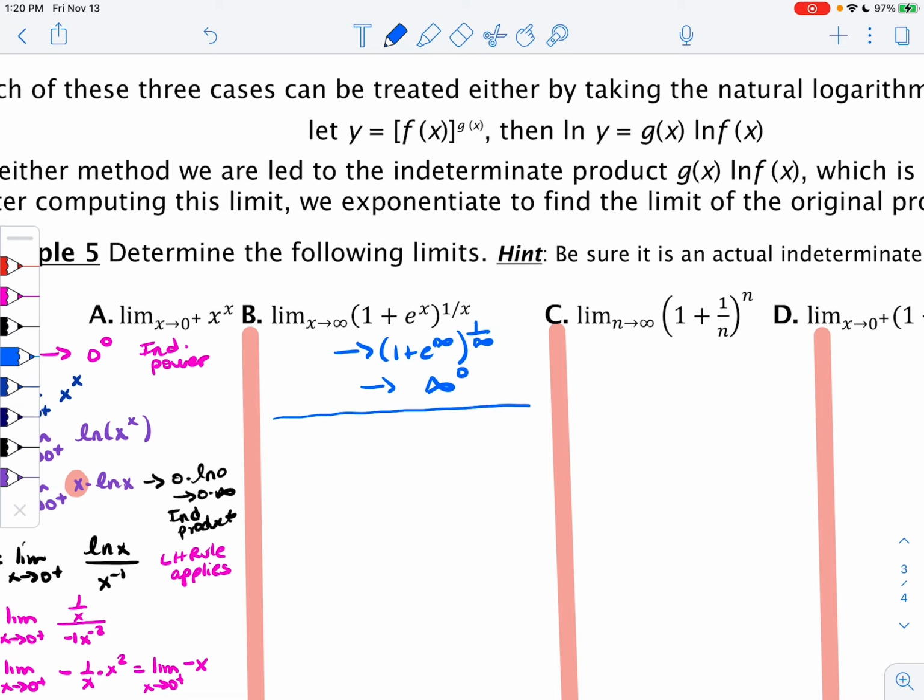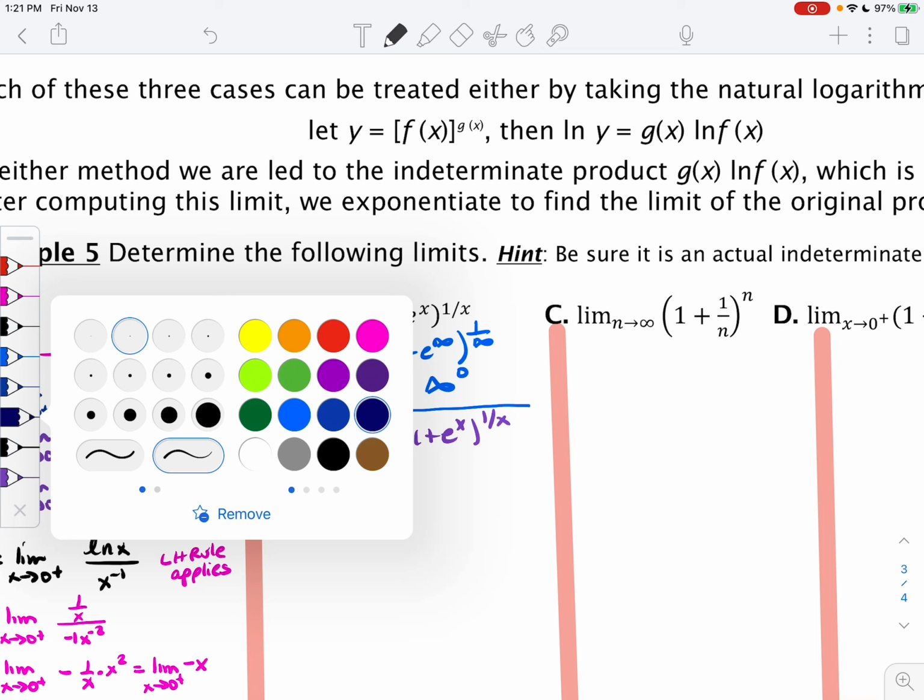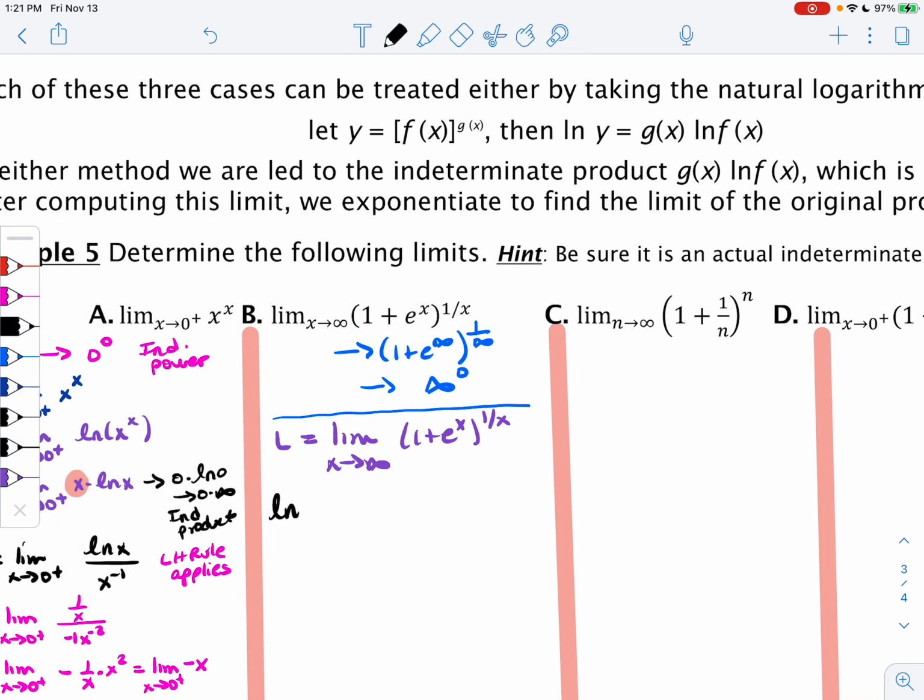So my limit L is going to be the limit as x goes to infinity of 1 plus e to the x raised to the 1 over x. That's what I want to find, but I'm going to take the ln of L, or the limit of the ln of this function, so I can get at that exponent.